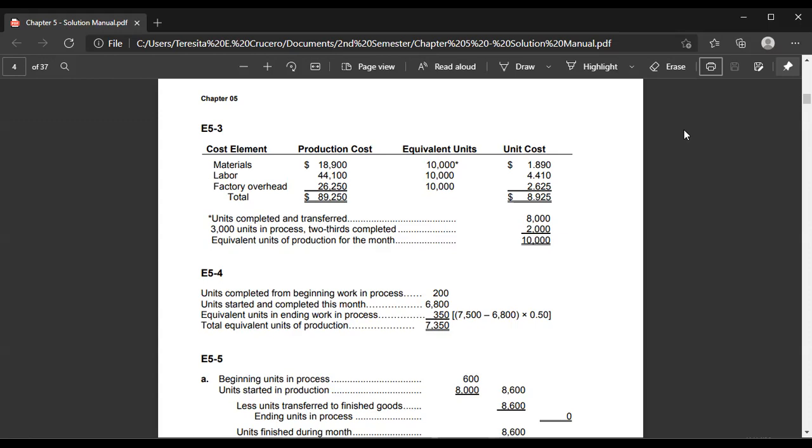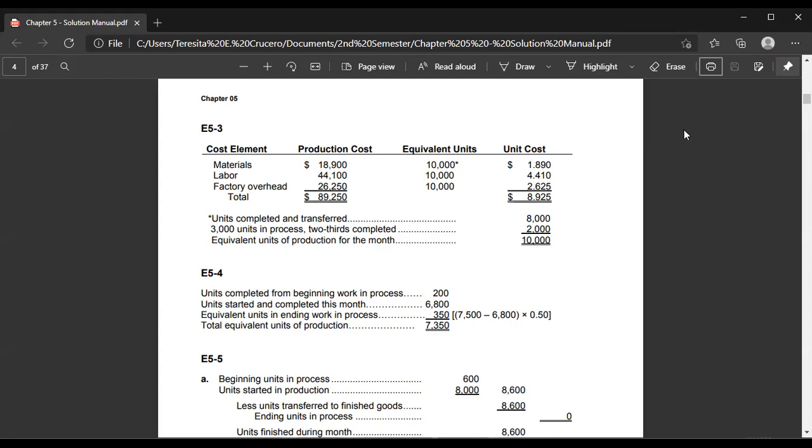So the total number of units to be accounted for is equal to beginning inventory add units just started. The total units to be accounted for is 7,700.